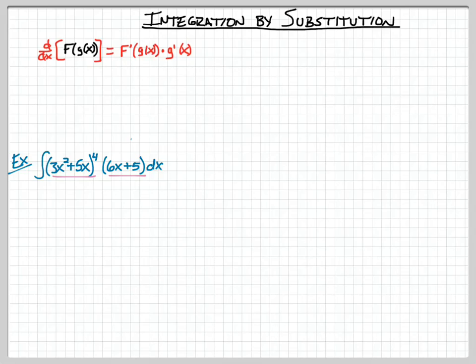We also know that integration is the inverse of derivatives, right? They play back and forth with each other. So if we were to integrate f prime of g of x times g prime of x with respect to x, we should get back to our original function. We'll get f of g of x, and of course we always add on our plus c, our constant of integration, in case there was something there.